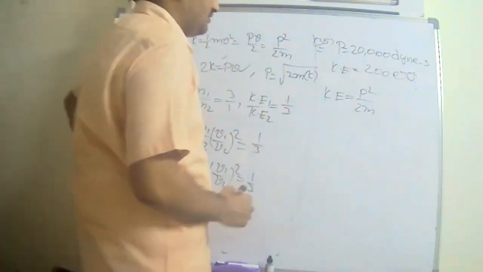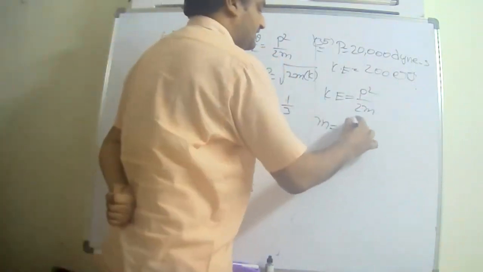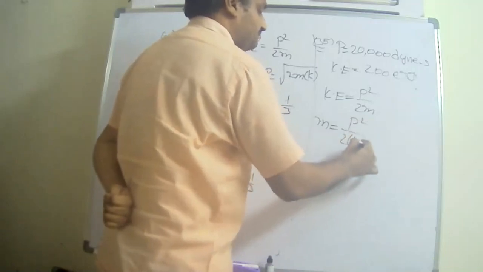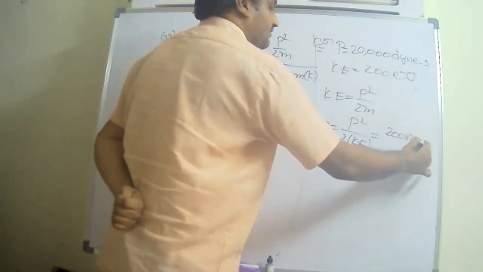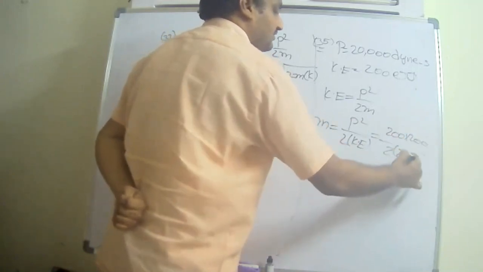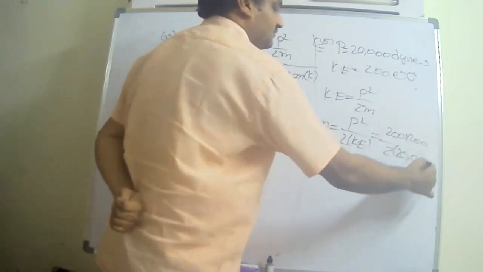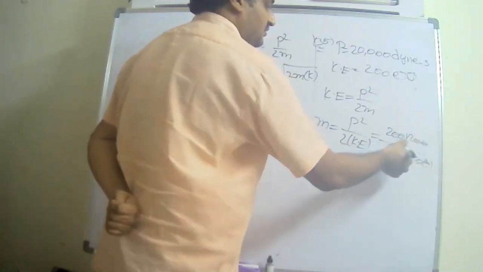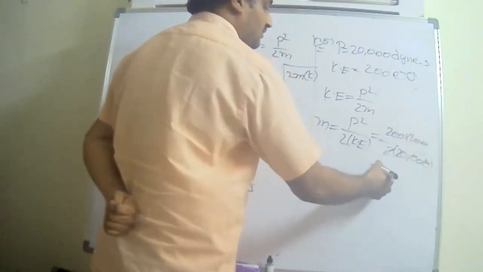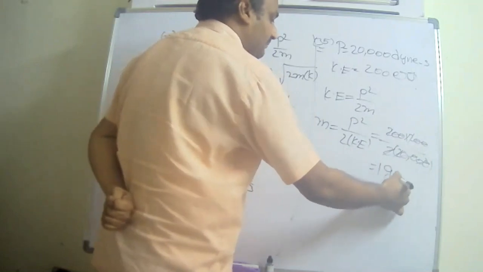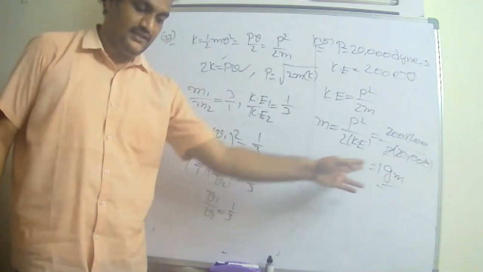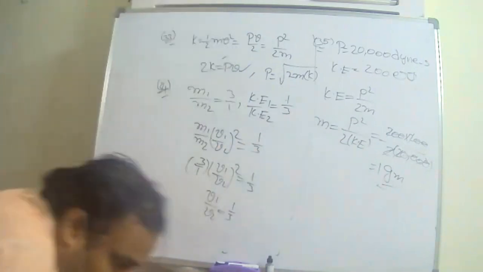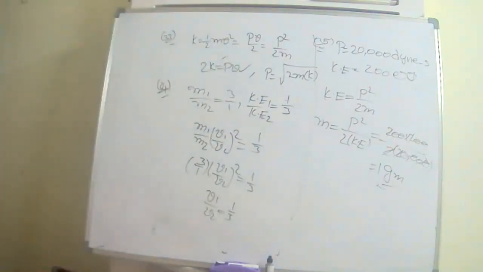So m is equal to P square by 2 times of KE. So P square ఎంత వస్తుంది? 2000 into 2000 by 2 times of 200. So ఇది 1 గ్రామ్ CGS యూనిట్ లో రాయాలి. 1 వచ్చింది బాగానే ఉంది, దాని కేజీ రాయి మాకు అలవాట్లో పడిపోయి. SI యూనిట్ లో రాయాలి, CGS లో రాయాలి.